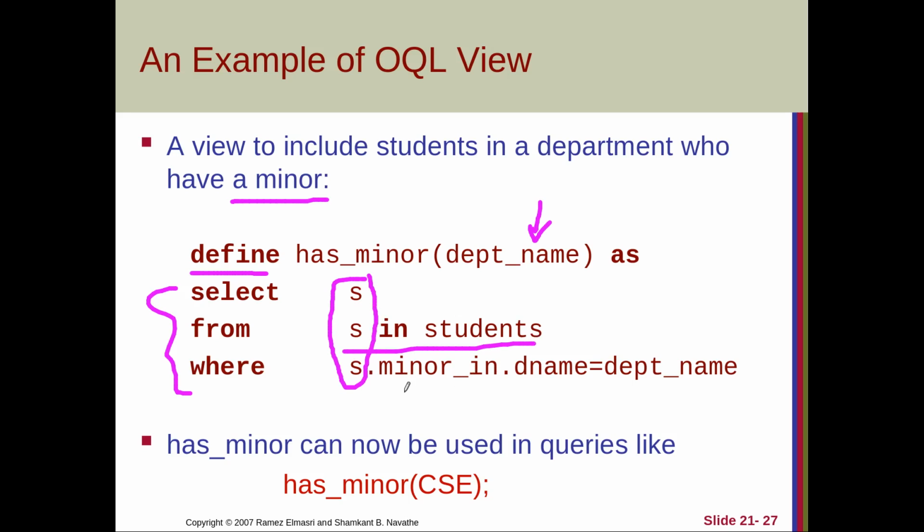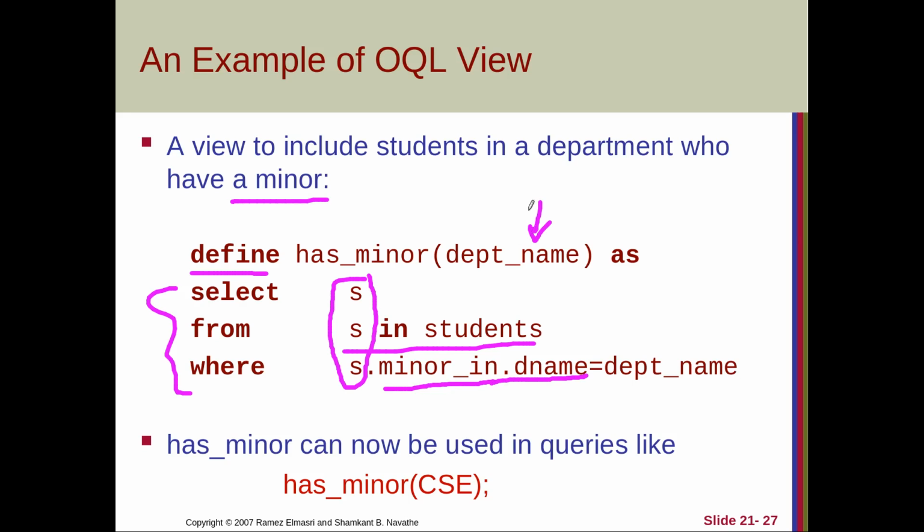Minor in is the relationship: s.minor_in.department name is equal to. There is a relationship in student where a student has a minor in a department; assume a relationship is already there. That is the situation. s.minor_in.department name is equal to department name.